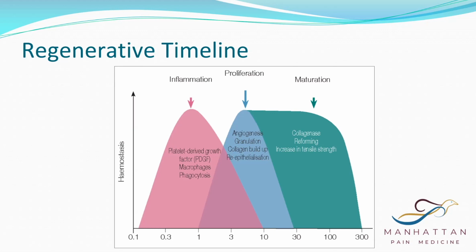So you need blood to heal, and angiogenesis is when new small capillaries are formed in that area in order to feed the new tissue and really build that up. And resident fibroblasts are also very active during this phase. One of the big things they do is secrete type 3 collagen, and that really helps strengthen especially ligaments.